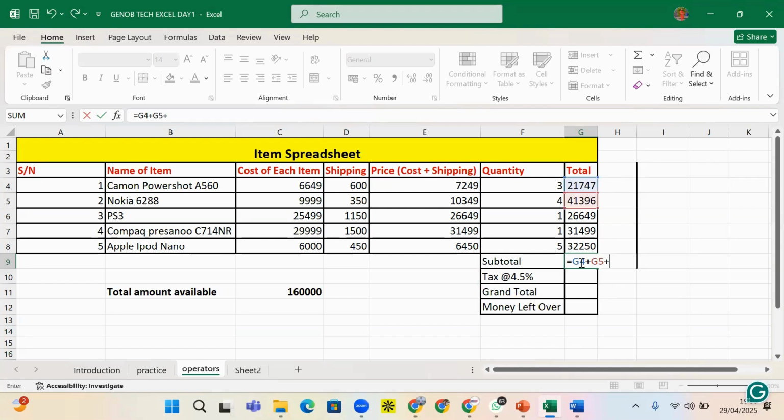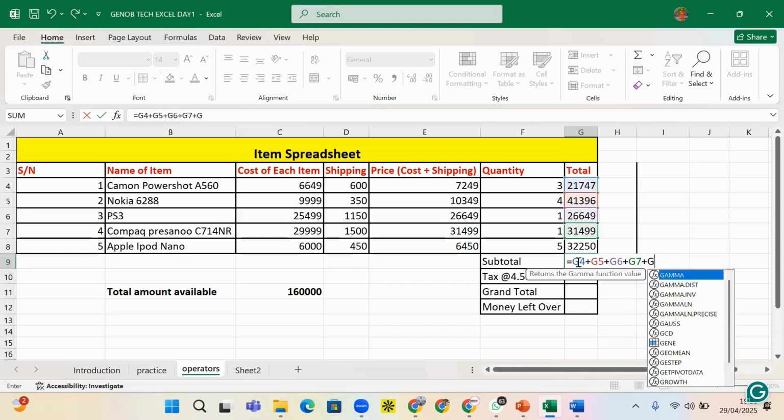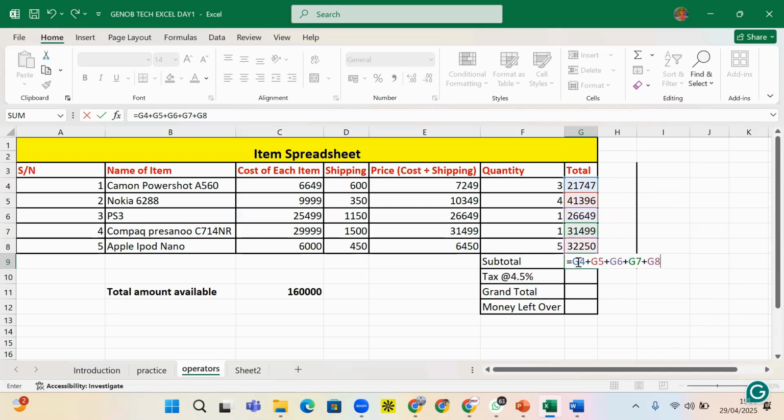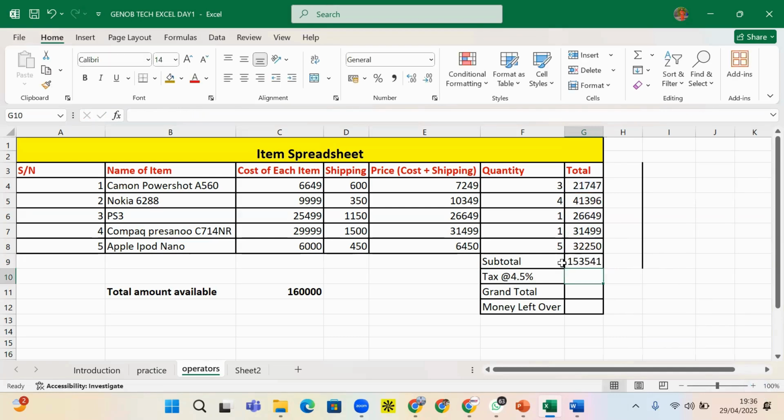But since we are using the operator, let's see how operators will stress us, so that when we get to functions and cell ranges, we will appreciate them. See the stress it takes to sum all this together: plus G6 plus G7 plus G8. And we have the answer here.